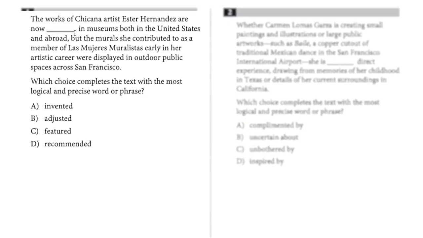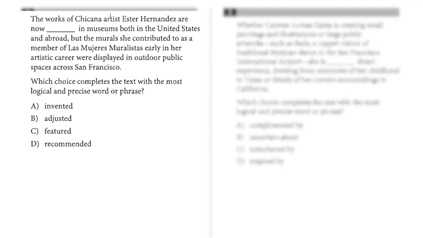Let's do some potentially more challenging ones here. Which choice completes the text? Okay, "The works of Chicana artist Esther Hernandez are now blank in museums both in the United States and abroad, but the murals she contributed as a member of Las Mujeres Muralistas early in her artistic career were displayed in outdoor public spaces across San Francisco." But, so I'm going to use that "but" to come up with what would come before it, because we're trying to contrast with our answer basically.